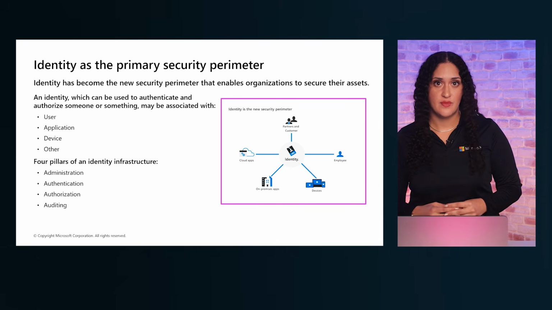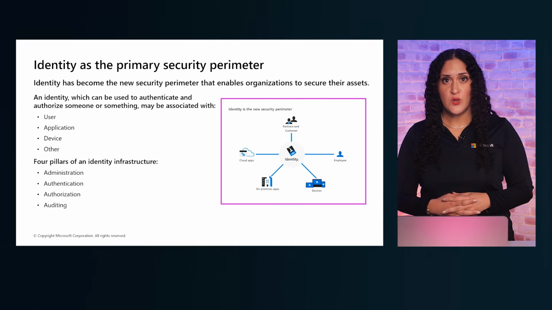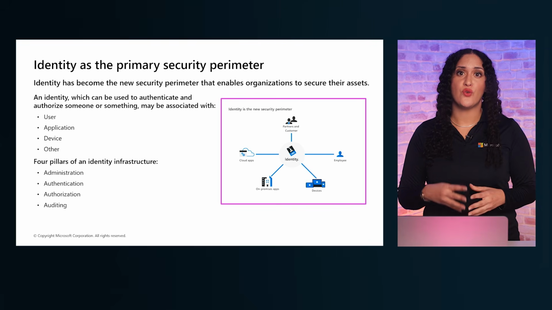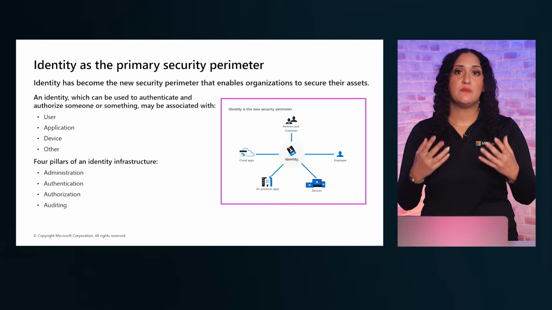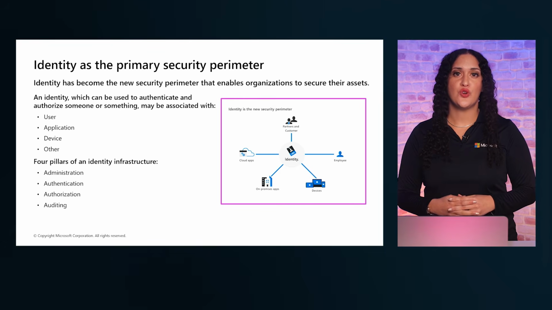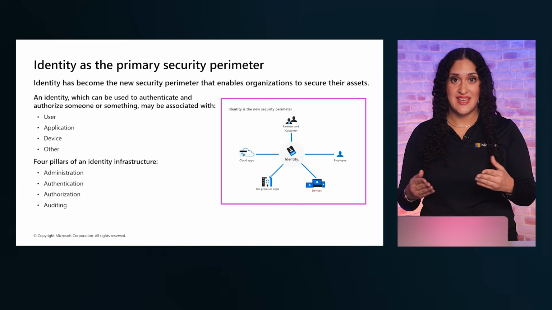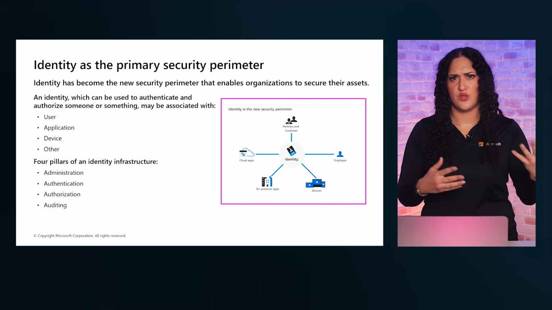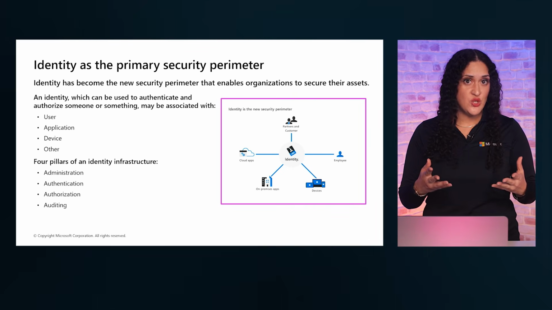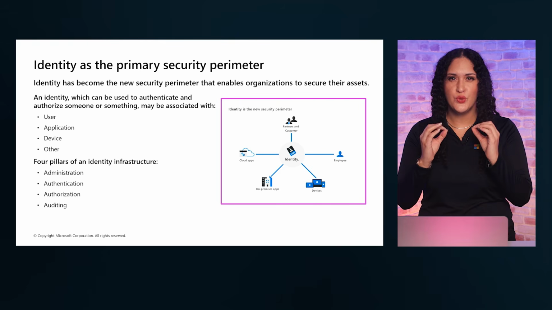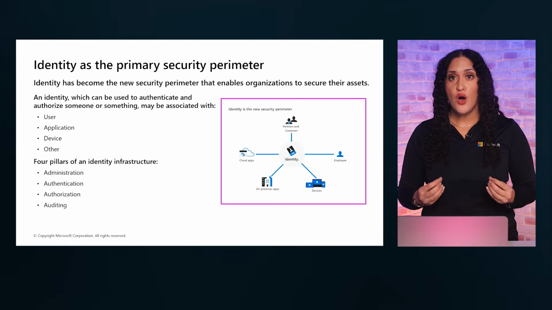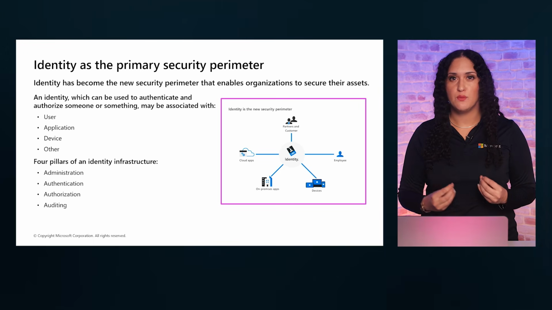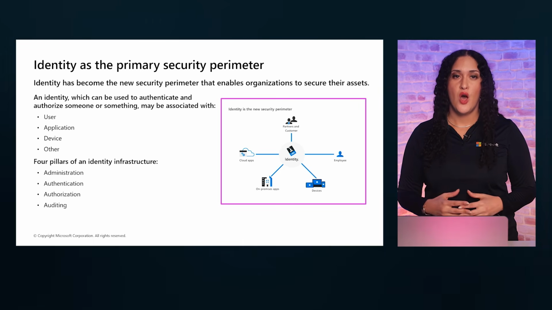To manage that identity securely, organizations rely on 4 key pillars of an identity infrastructure. Administration focuses on creating, managing, and maintaining identities across users, devices, and services. Authentication ensures enough proof is provided to confirm an identity, often using strong methods like multi-factor authentication.